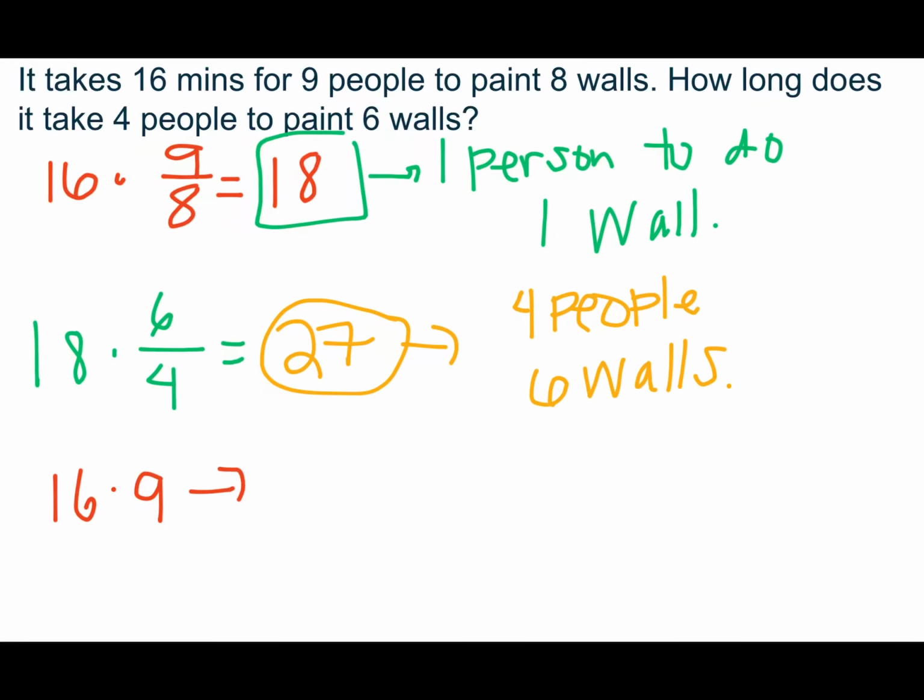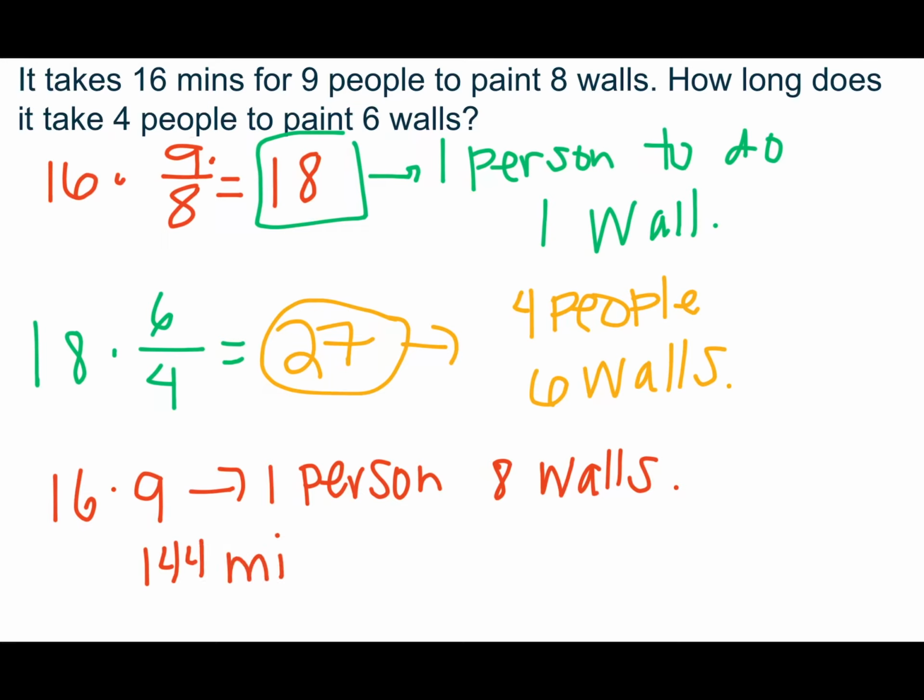Now we don't have 9 people, we only have one person painting 8 walls. So we multiply by 9 because we're not dividing the work amongst 9 people anymore. And that gives us 144 minutes. So if one person had to paint 8 walls by themselves, it would take them 144 minutes.